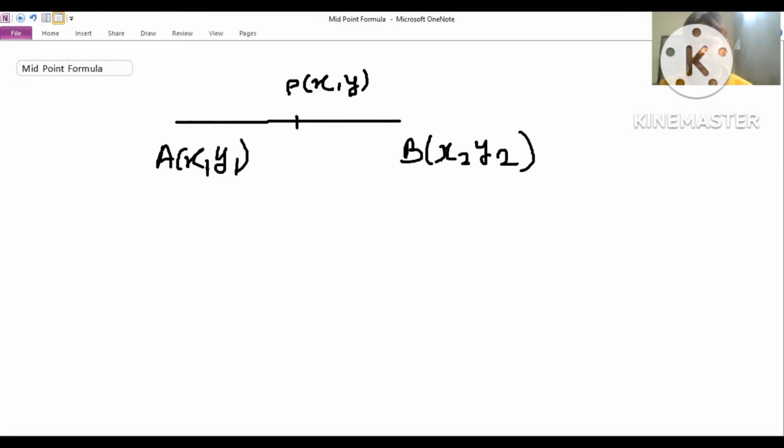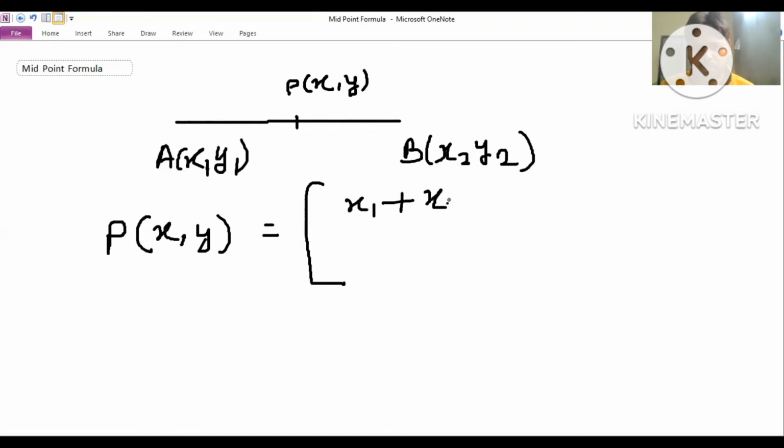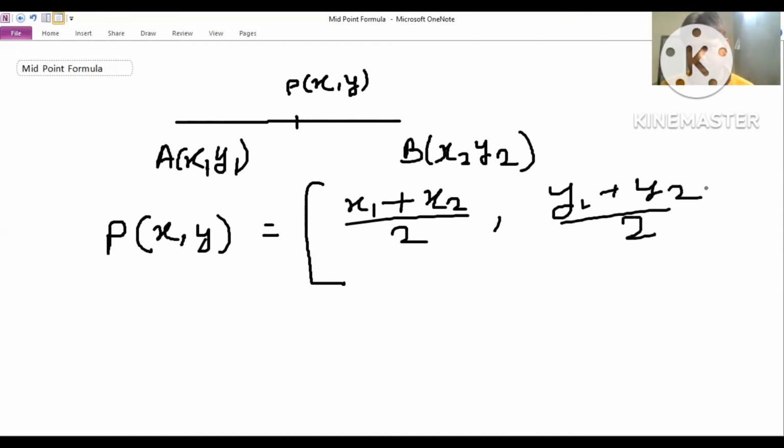So in this system, where the line segment is divided into two equal halves, the formula applied to find the coordinates of the midpoint P(x, y), where x is the x coordinate and y is the y coordinate, is directly substituting the values: x1 plus x2 upon 2 and y1 plus y2 upon 2.